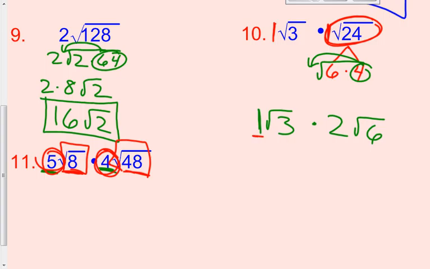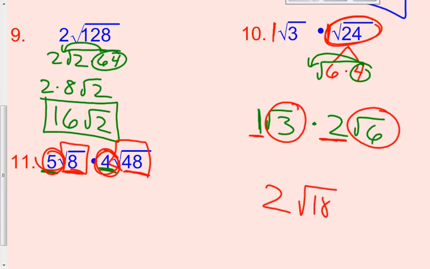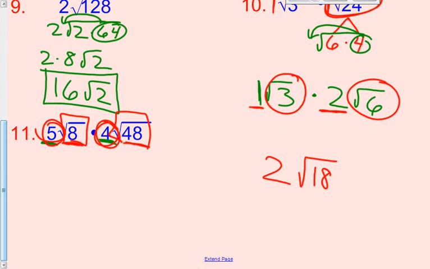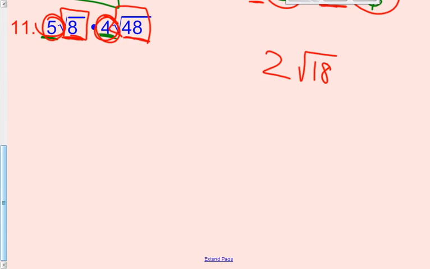The coefficients are multiplied by each other. So 1 is going to be multiplied by 2. And now the radicals are going to be multiplied by each other. You only multiply and divide with your own kind. Okay? So square root 3 times square root 6 is square root 18. Now once we have this, if we can simplify, we do so again. So I ask you, can you simplify the square root of 18?